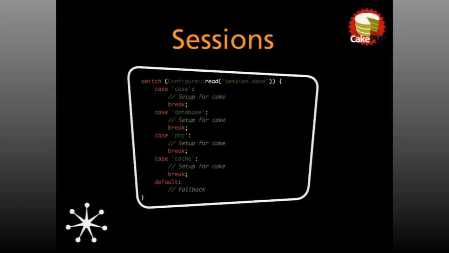So this is a bit of an example of what it used to look like. Not sure if you can see that or not, but a giant switch statement to determine what you wanted to do with the session, and sort of all that handling code all in one place in the core. It was a bit hard to read through.